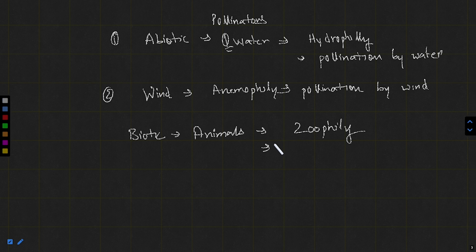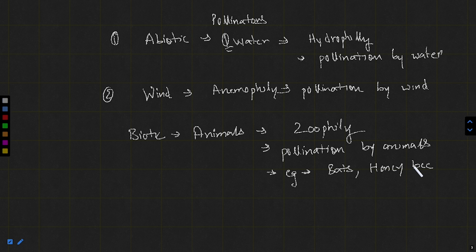Here the pollinators are animals, for example bats and honeybees. So these are the external agents that cause the transfer of the pollen from the anther to the stigma.